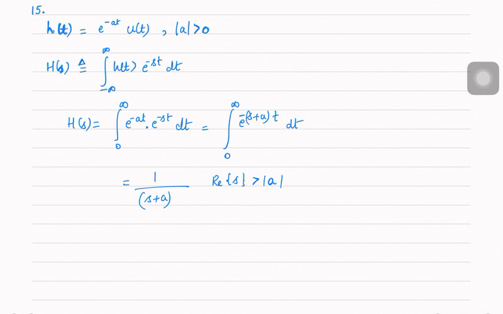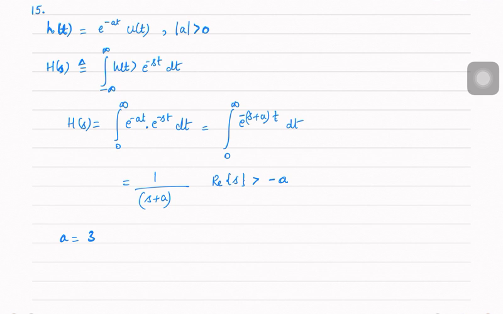So s plus a greater than 0 implies real part of s greater than minus a. s plus a has to be positive, so e power minus of a positive number into t will be exponentially decaying, so the area goes to 0.